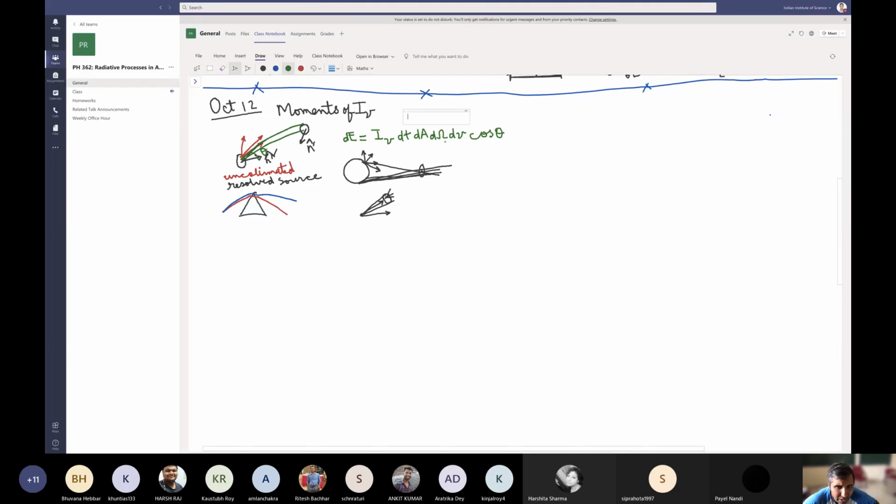Now this solid angle is nothing but, if the detector has an area dA2, this is nothing but dA2 by d square, where d is this distance between the emitter and the observer. And if this angle is theta prime, right? So solid angle is perpendicular area, so there will be a cos theta prime.